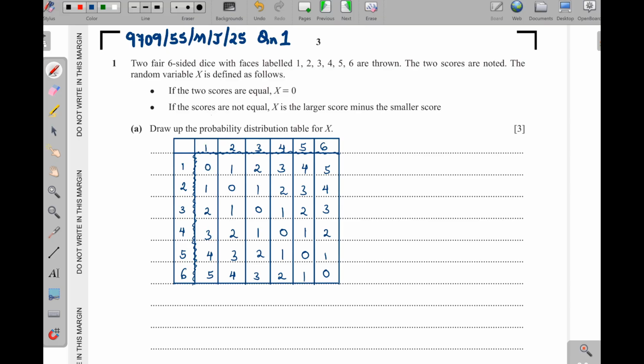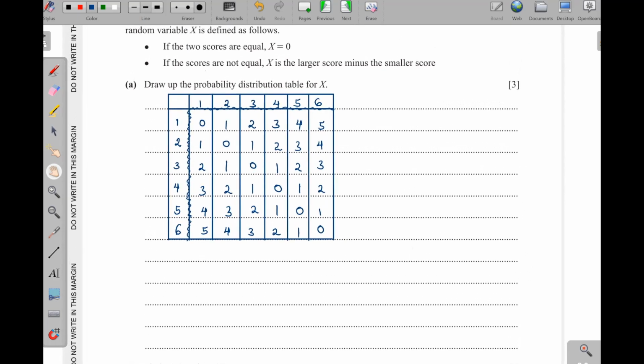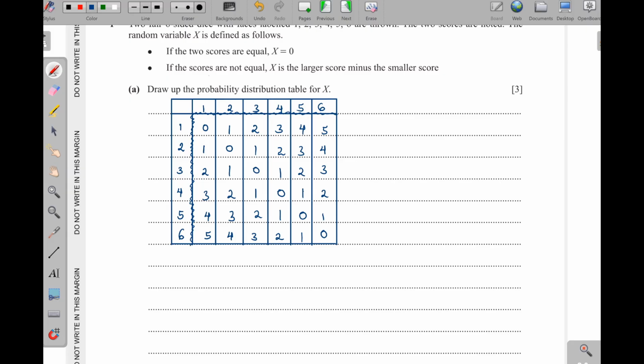Now we need to find the probability distribution table, right? From here, now I have x here, and then probability of x is equal to x. So we can see a 0, there is a 1, there is a 2, there is a 3, there is a 4, and then there is a 5.